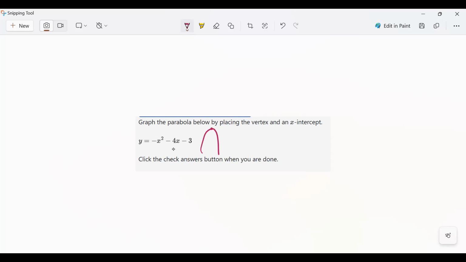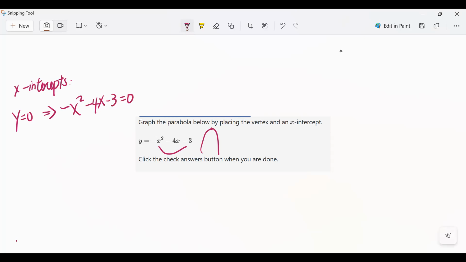All right, let's go over the solution here. First of all, you find the x-intercept, right? You set y equal to 0 and solve for x. So we're going to have two x-intercepts. Y equal to 0 means this whole thing equal to 0: minus x squared minus 4x minus 3 equals 0.